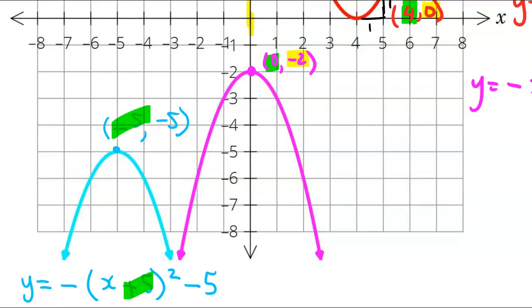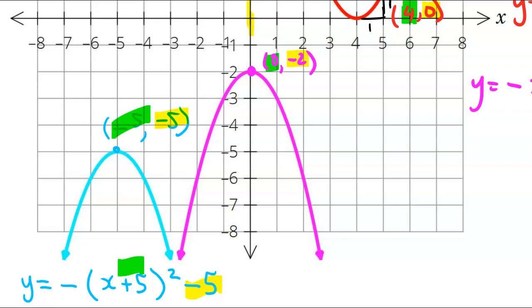All right, and then the take 5. So just be careful, because we should know if there's a translation to the left, the x value is negative, but it's a +5 in the bracket. Oh, sorry, you can't see that on the screen. But it is a +5 in that bracket.